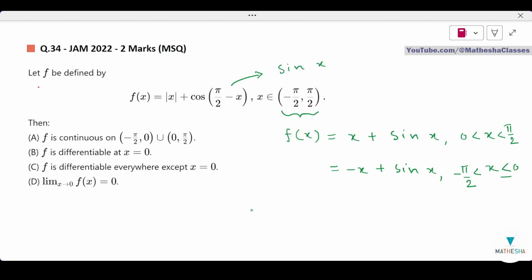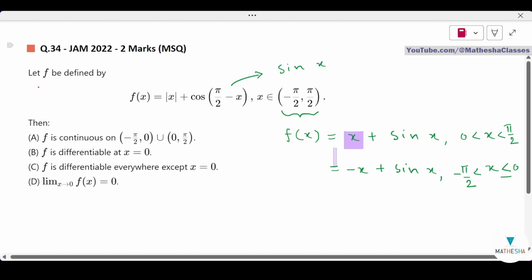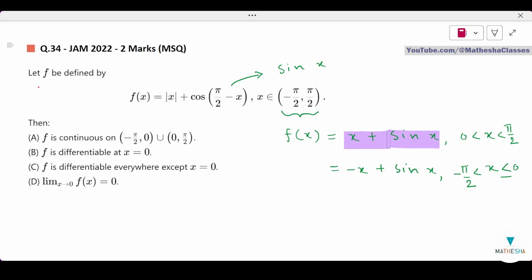So now if you note f(x) carefully, you can see one thing, that x is a continuous function, sin x is a continuous function. So definitely x plus sin x is a continuous function. So f(x) is continuous on 0 to pi by 2 open interval.